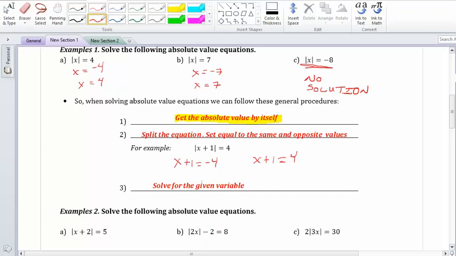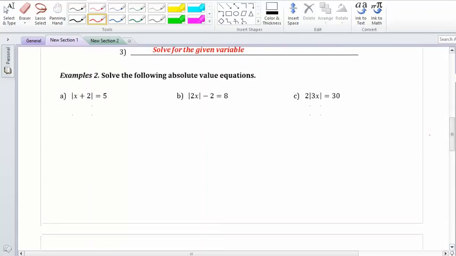And that is your last step, solve for the given variable. We can all do that. So the key here is get the absolute value by itself and then split it up into two different parts. Let's jump into this. If at any point you feel like I'm going too fast, please pause the video and take a second to catch up and then just play it. Or if you have to play it back, do so as well.